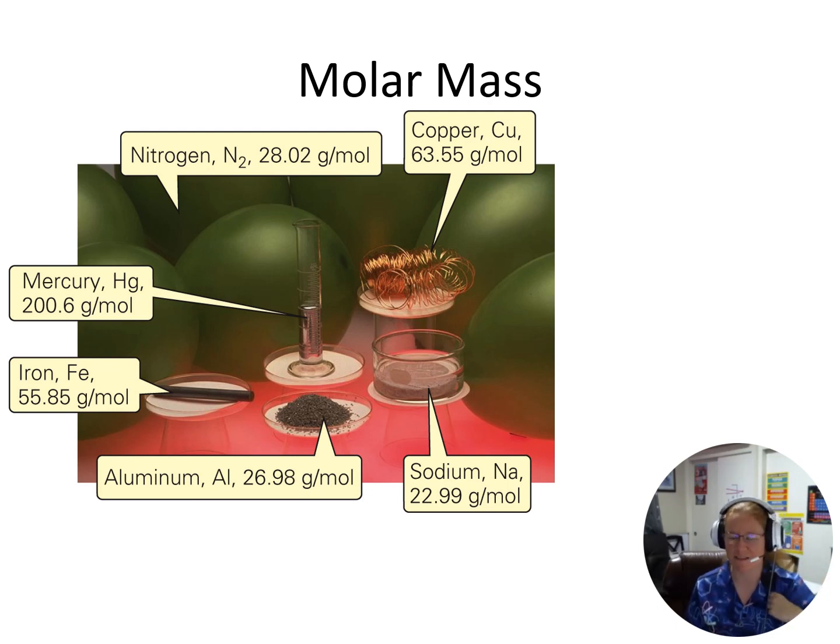Nitrogen, it's a gas, it expands, it's super light, and so it takes a lot of it to get to 28 grams of it. Mercury, super dense, it's a liquid, we don't need a whole lot of it for 1 mole. So this image illustrates what 1 mole of each of these substances looks like. So you can see it's vastly different.